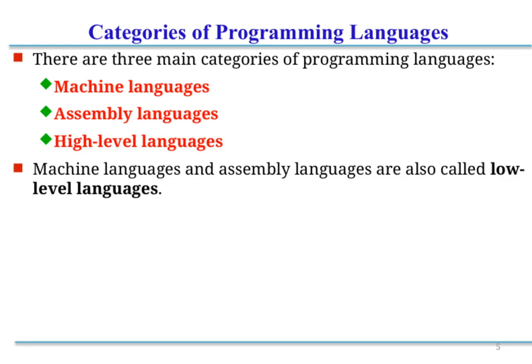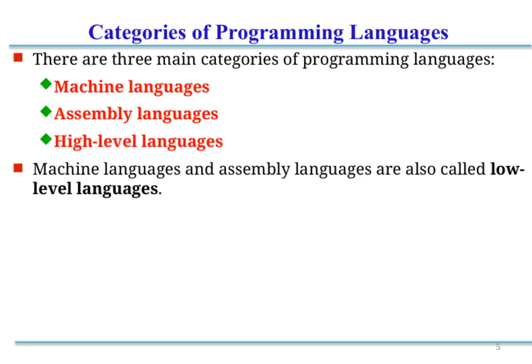Let's take a closer look at the main categories of programming languages. First, we have machine languages. These are the most basic type of languages, consisting of binary code that the computer's hardware can directly understand. Next, there are assembly languages, which are slightly more human-readable but still closely tied to the hardware.